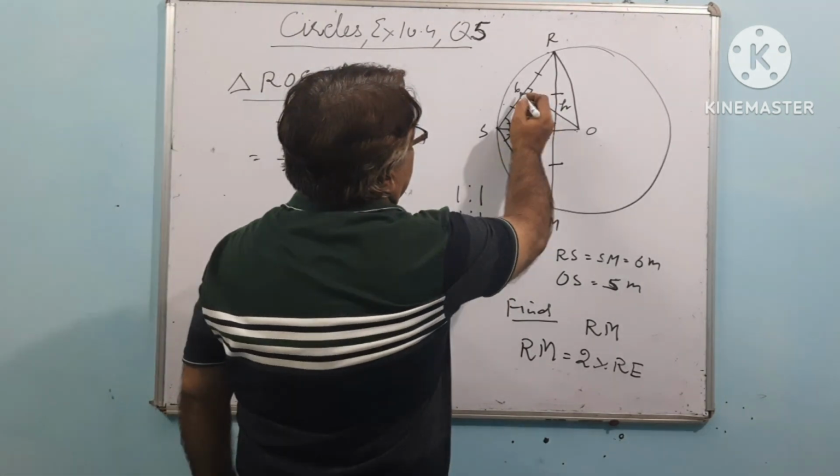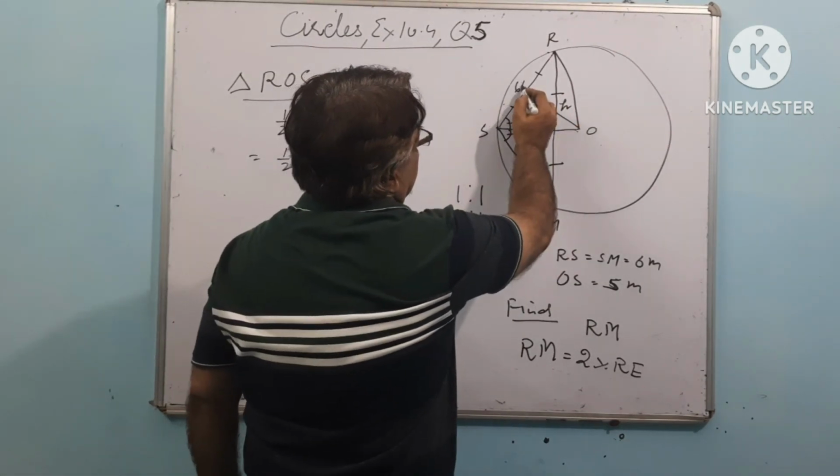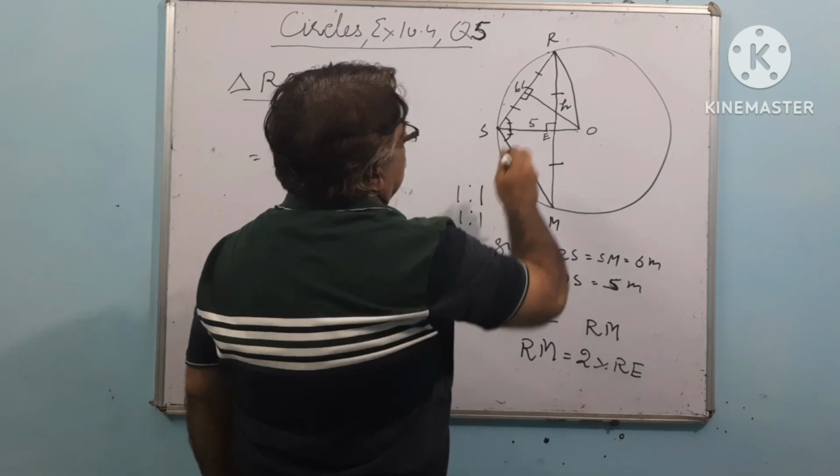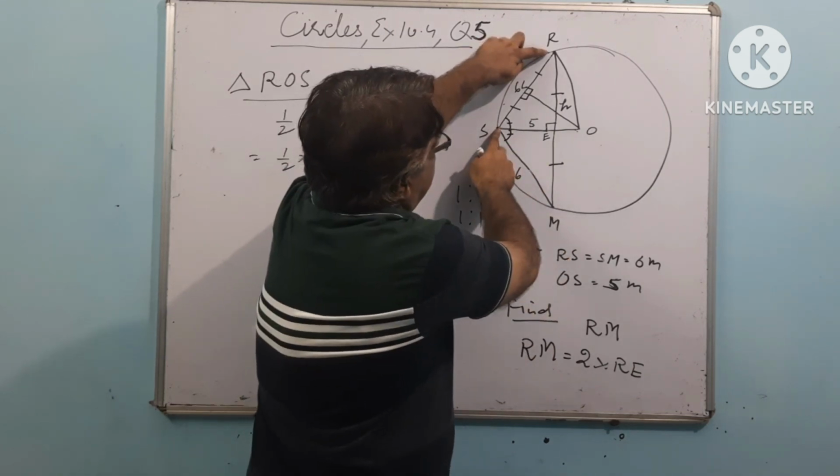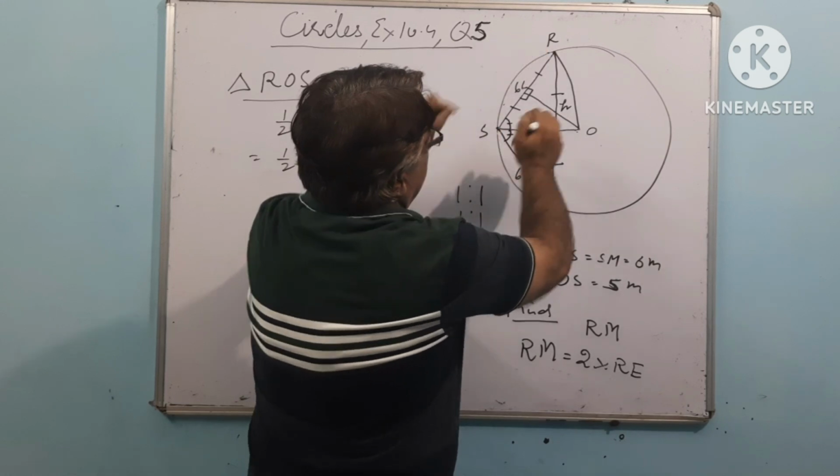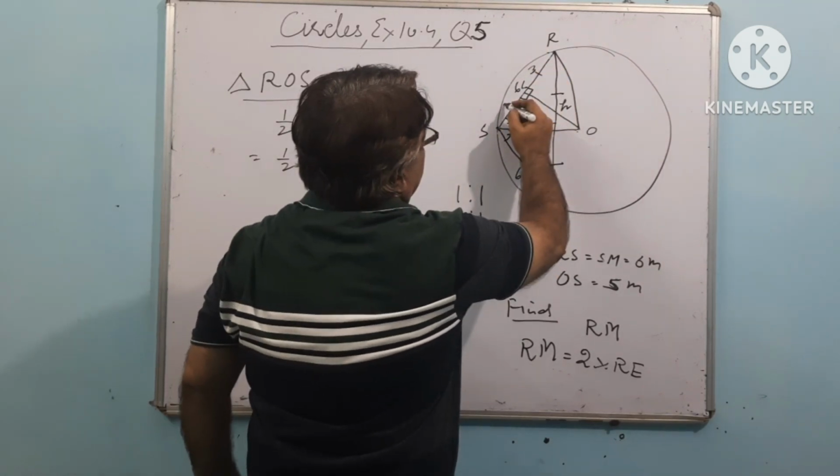Let us name it as L. So this length is 6 meters, half will be 3 meters and 3 meters.